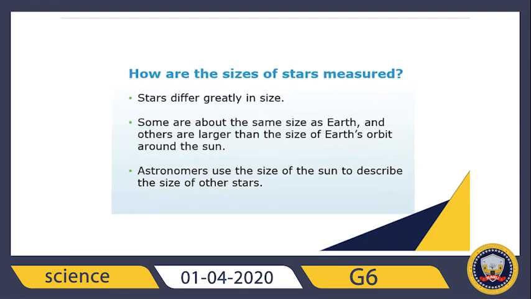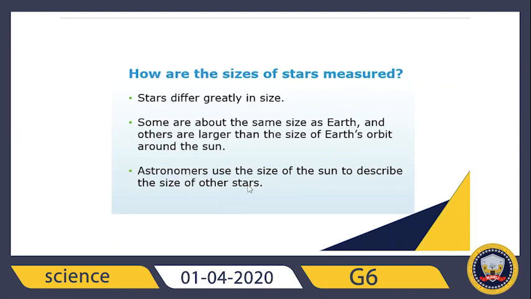So guys, so far we have studied the brightness of the star, the luminosity, the color, and the temperature of the stars. Now let us discuss a little about the sizes of stars. Stars differ greatly in size. Some are about the same size as Earth, others are larger than the size of Earth's orbit around the Sun.